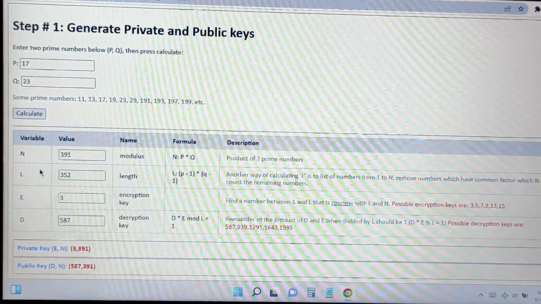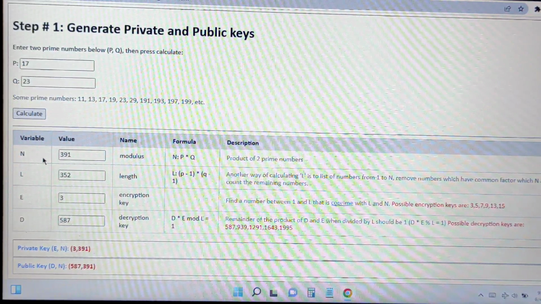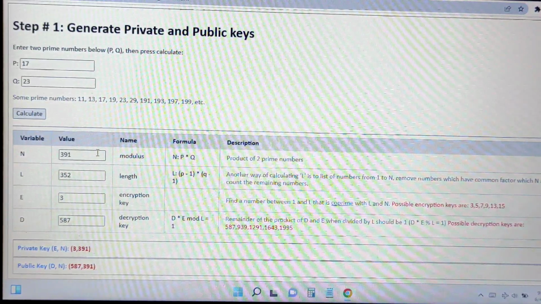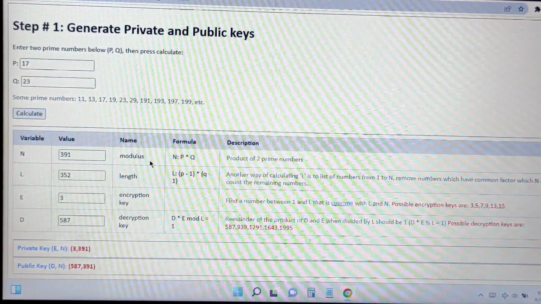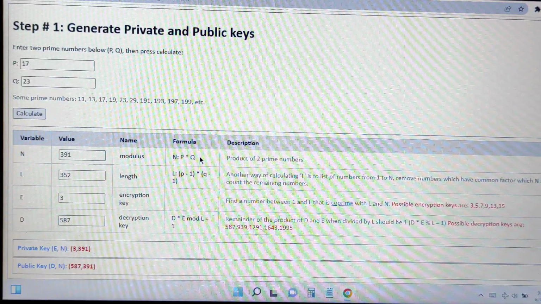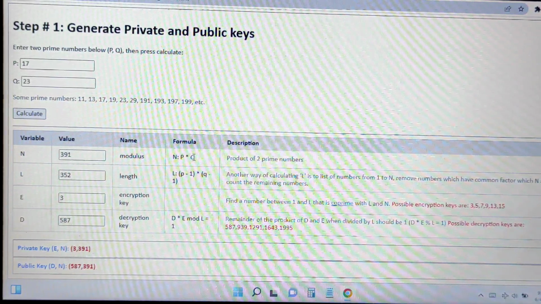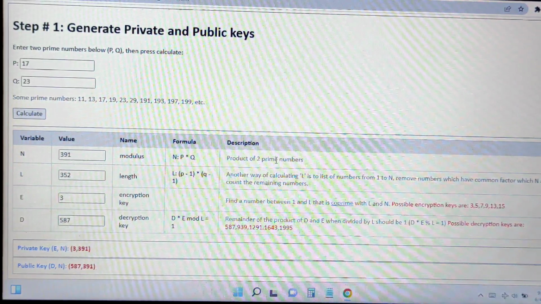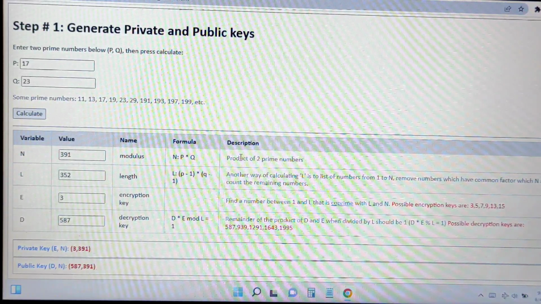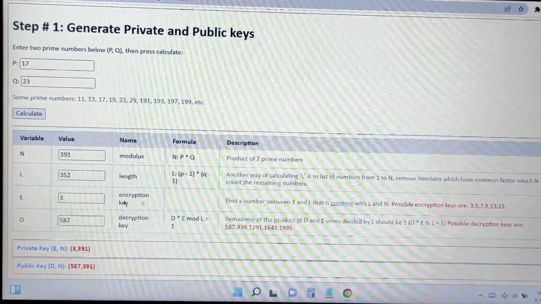So for letter N, the value of N is 391. And this is the modulus. So the formula is N = P multiplied by Q. The description is the product of two prime numbers.